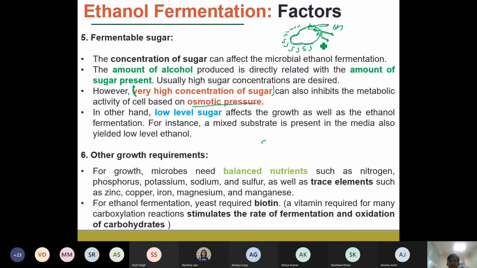The cellular machinery, especially on the cell walls, which allows the diffusion of this glucose across the membrane, is actually restricted. That leads to the inhibition of the carbon source, and that finally leads to the death of these microorganisms.